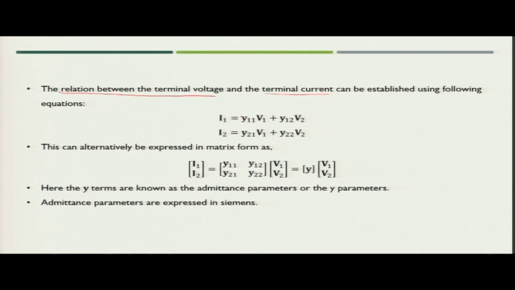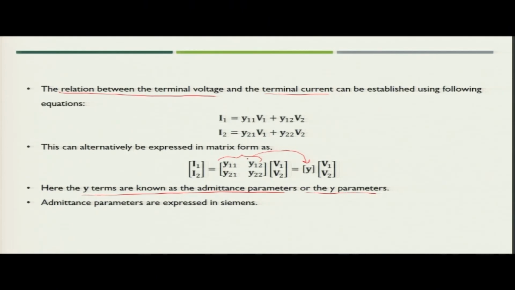When you compile these in matrix form, the current vector is the matrix of these constants, Y11, Y12, Y21 and Y22, multiplied by the voltage vector. This matrix can be represented by the symbol Y, and these are known as Y parameters or admittance parameters.